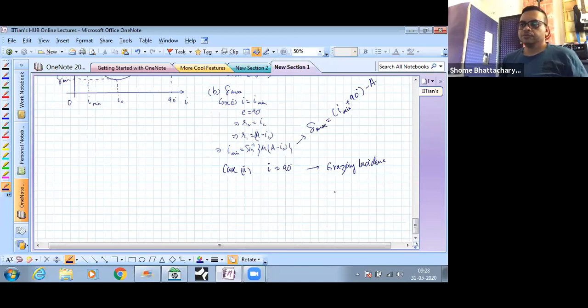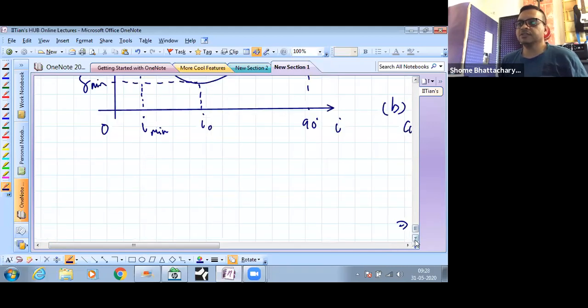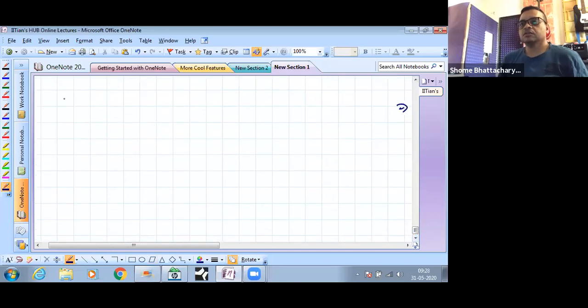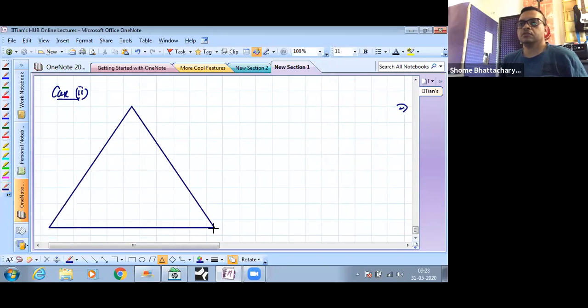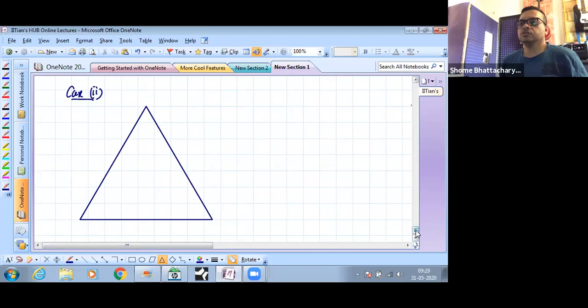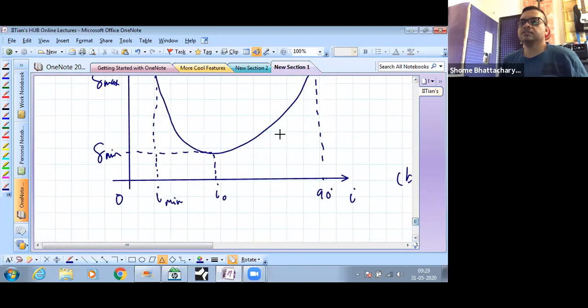So in this case, you just apply reversibility to the above ray diagram that we had seen. You will understand how this case works. So suppose we were at some point like this on the graph.